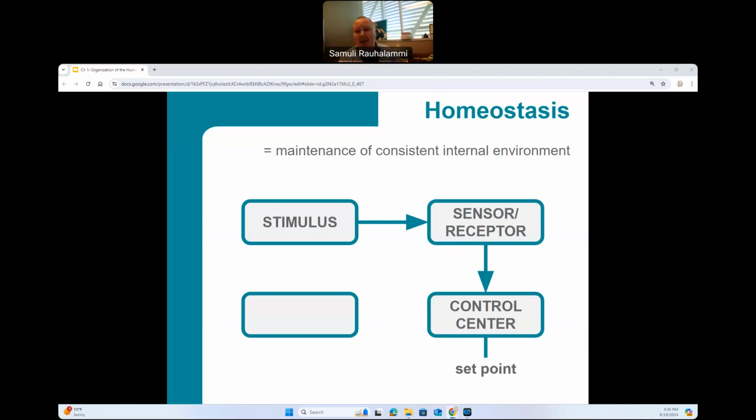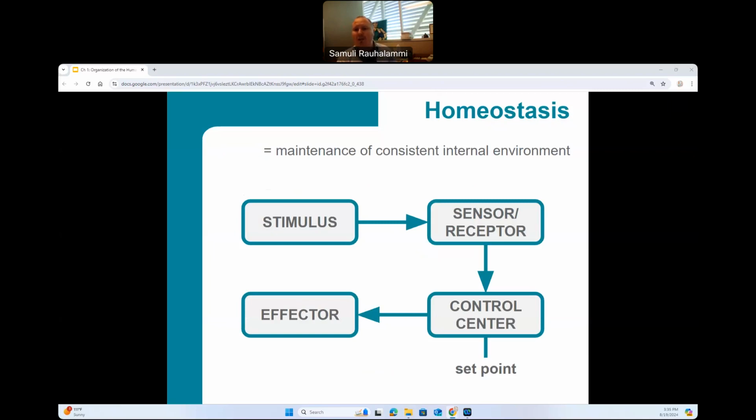A good example, again building on thermoregulation, temperature regulation for us, would be the hypothalamus, the thermoregulation center within the brain in humans. So if the stimulus fell outside the set point, that range of acceptable potential values, we will recruit an effector.